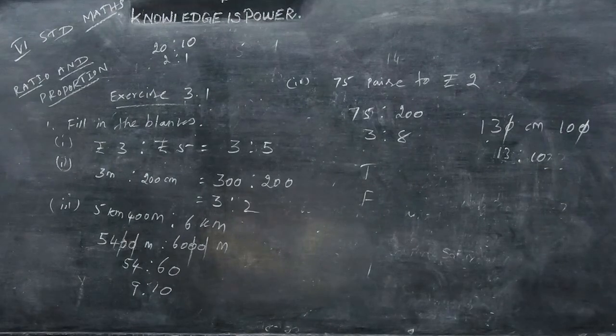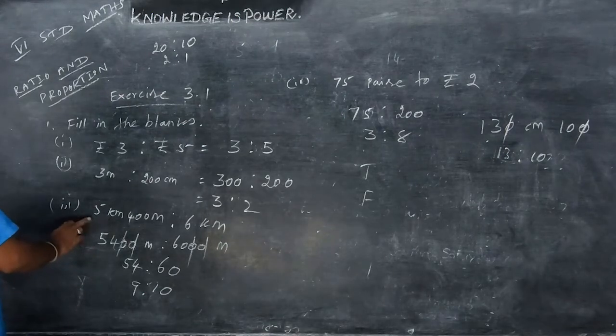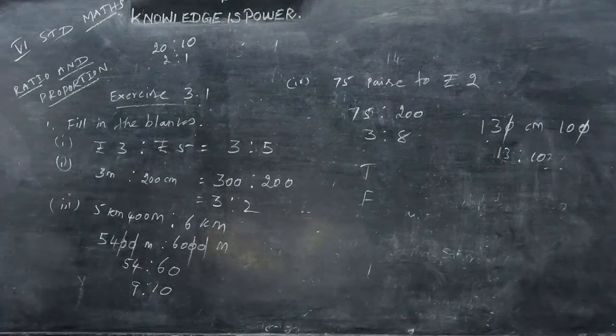Three is to 2. 25 is to 2. So the back answer, this is given as wrong. Okay, but it is correct.